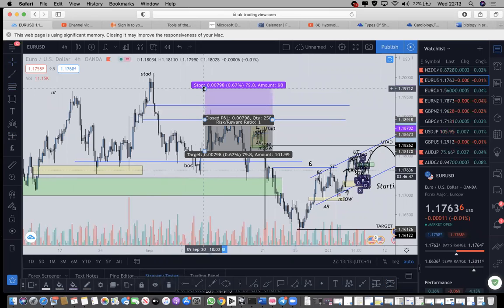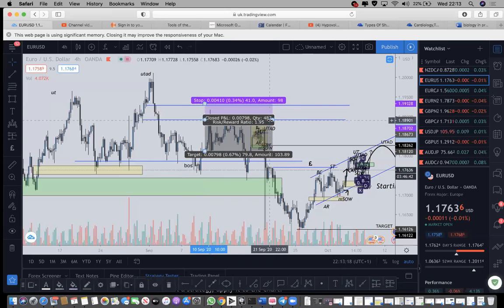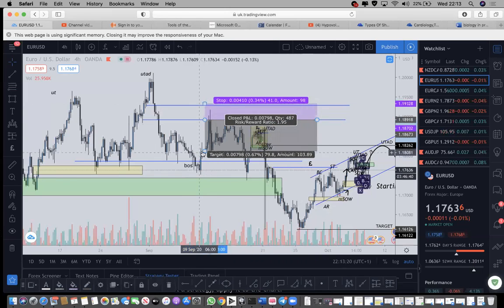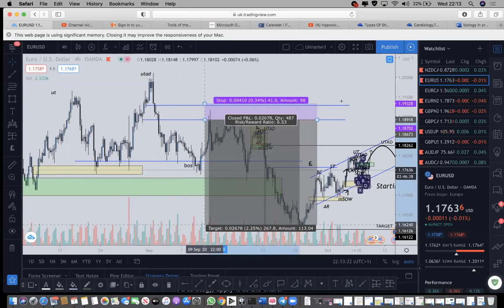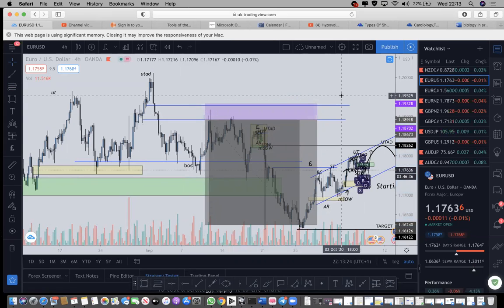And your stop loss will be just above that one. Is that difficult, guys? Is that making sense? Are things starting to make sense how to trade in Wyckoff schematic?